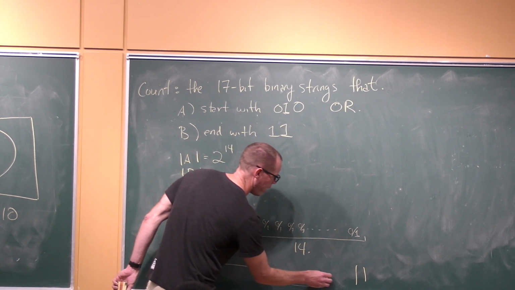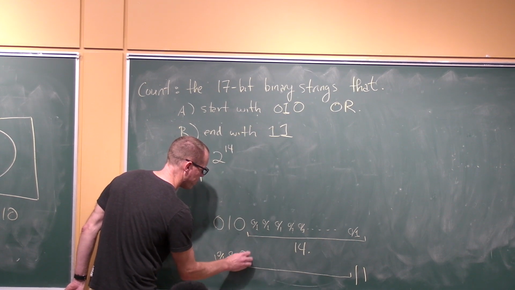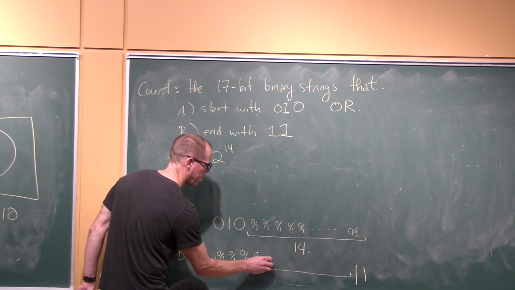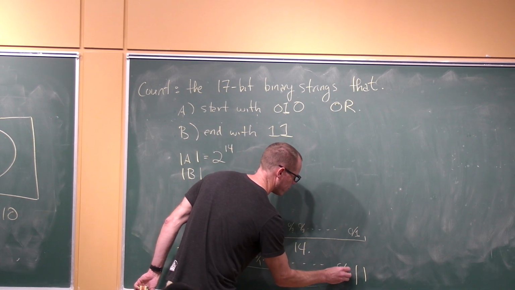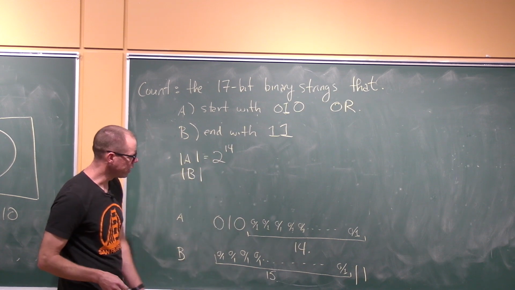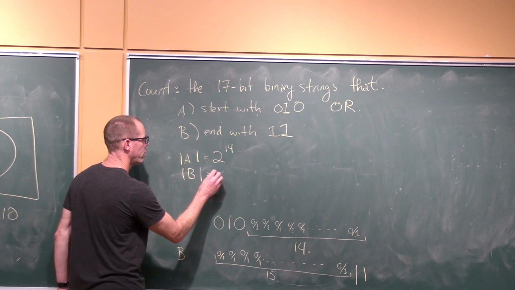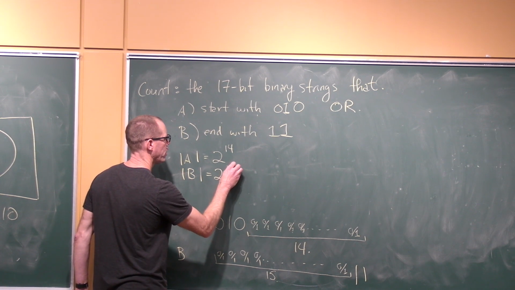So those guys look like this, where you have a choice of 0 or 1 at each of these positions. How many positions are there? There's 15 positions, 17 minus the 2 that are fixed at the end. So that means the size of B is 2 to the 15.